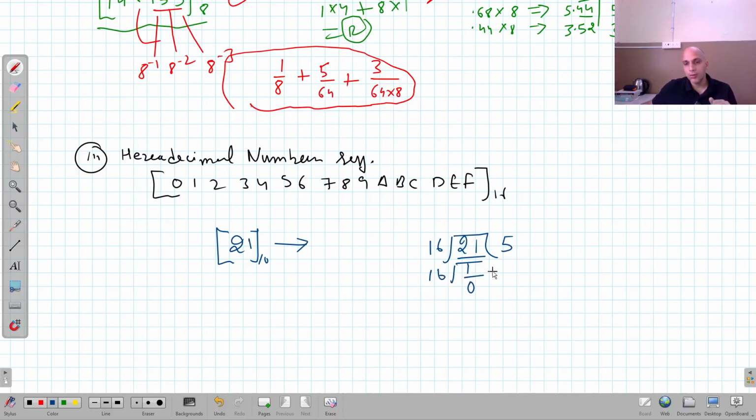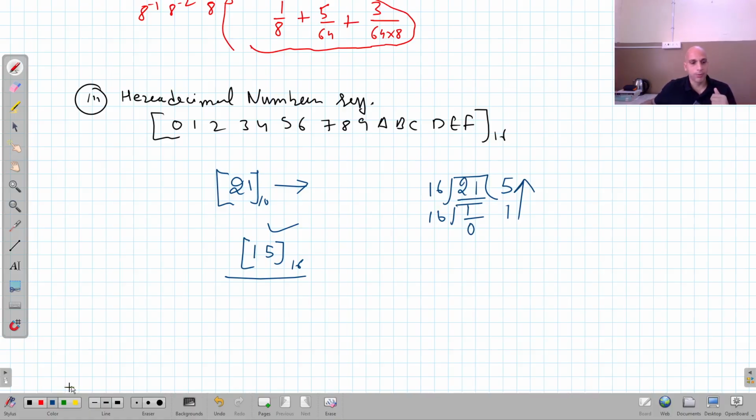So 0, and here the remainder is 1. So what is the corresponding number? 1, 5 in base 16. This is the number required, right? Now if I want to convert it back, what is the process? Same process, place value. So 1, 5, 16 power 0, 16 power 1, right? So obviously it is 16 plus 5, it is 21.